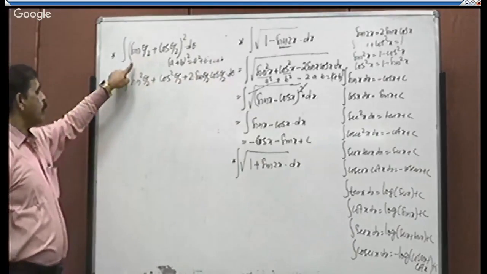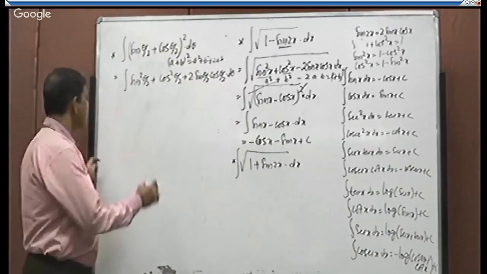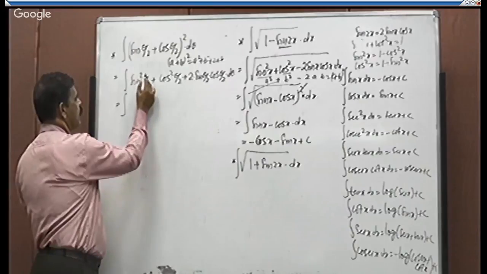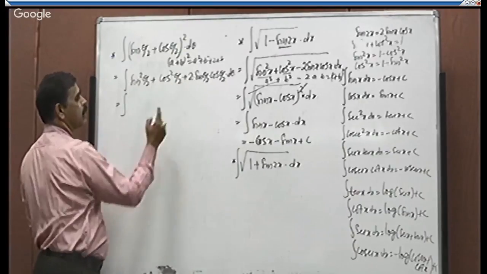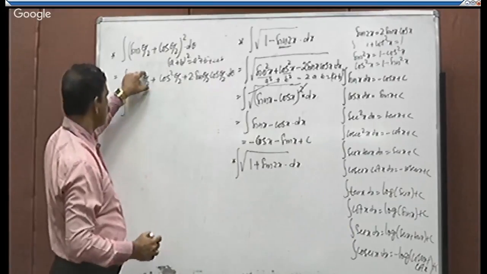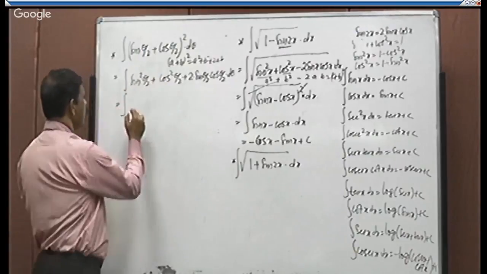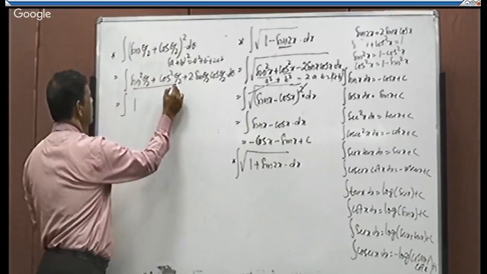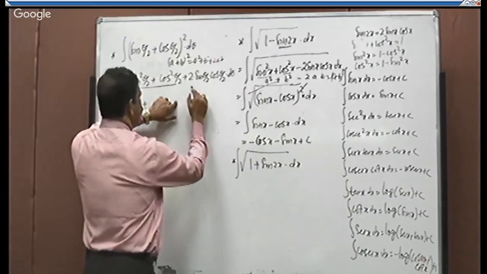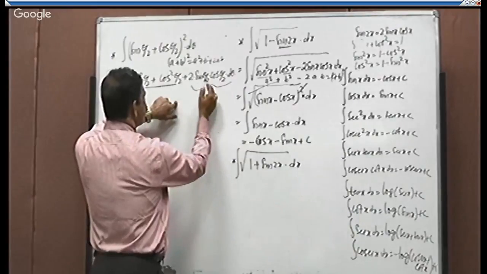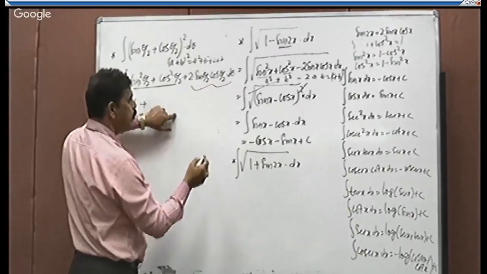We have the a plus b whole square form, hence it is expanded. Observe this. Sin square a plus cos square a, they are the same, therefore we can take it as 1. In place of a, what is there? It is theta by 2. Sin square a plus cos square a is equal to 1. Plus, this is 2 sin theta by 2 cos theta by 2, which is sin theta.